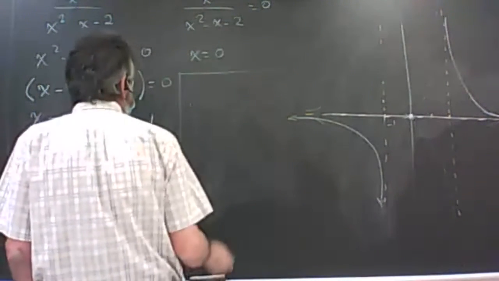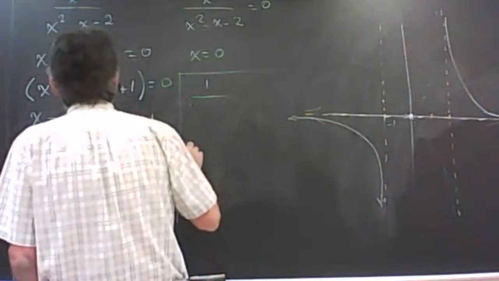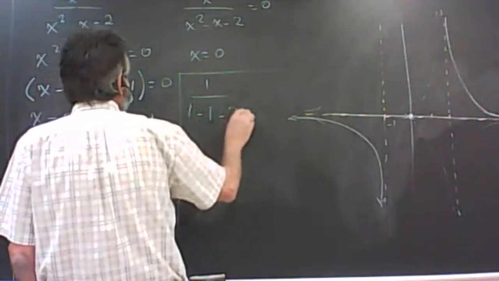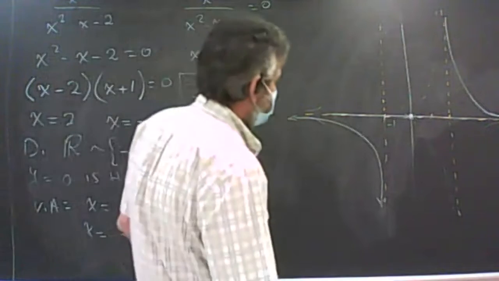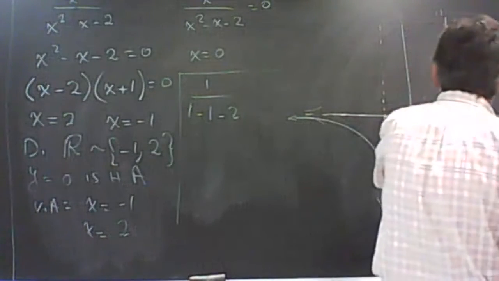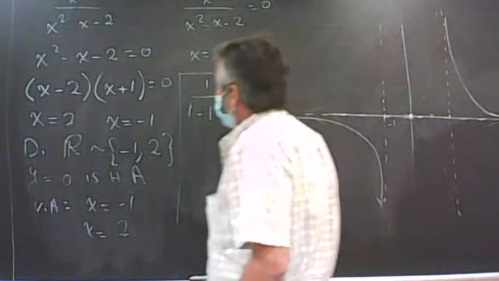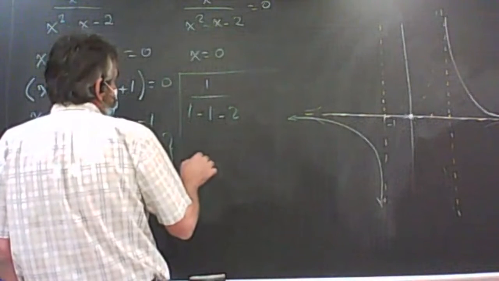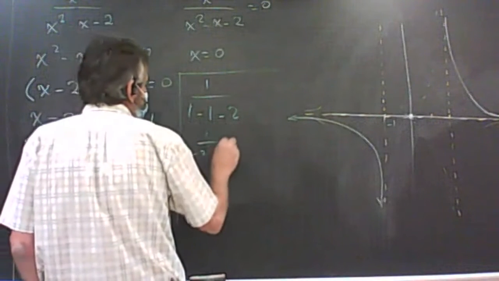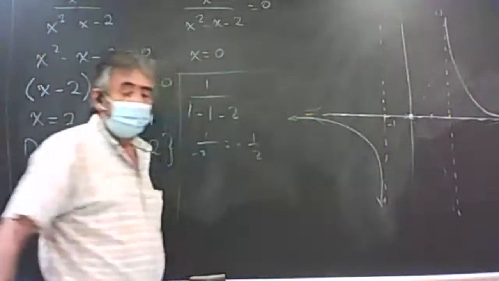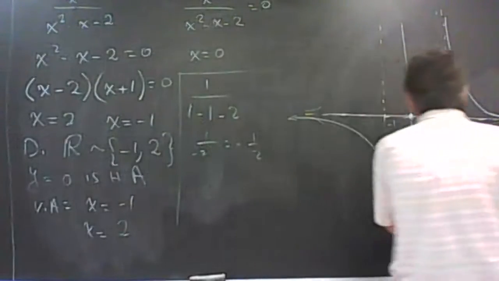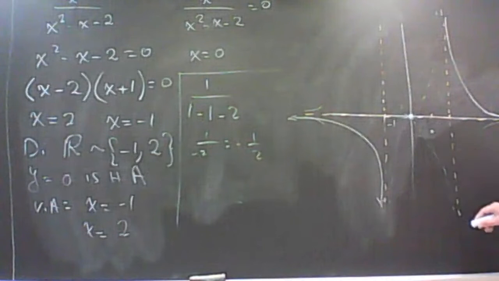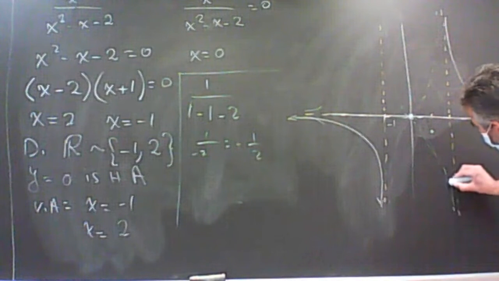So if x is 1, we have 1 over 1 minus 2, right? That's going to give me 1 over negative 2, which is negative 1 half, yes? So that means on this side, the graph is coming from here, yeah? So I got the first portion.